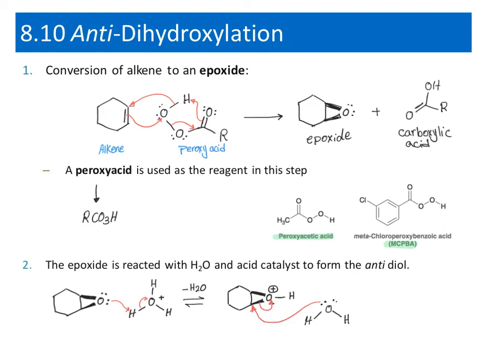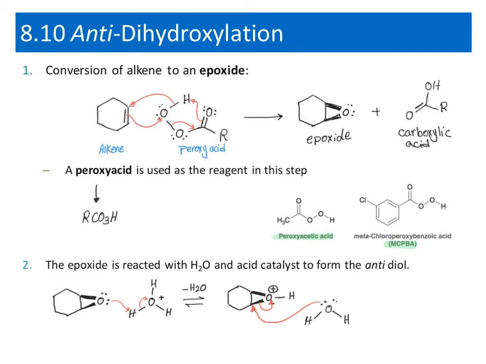So this is similar to what you saw with the bromonium ion. Now, since the epoxide is in wedge, water will attack this carbon from the back side through an SN2 mechanism and open up the bond. So we didn't touch the stereochemistry of this carbon, so the stereochemistry here will still be in wedge.